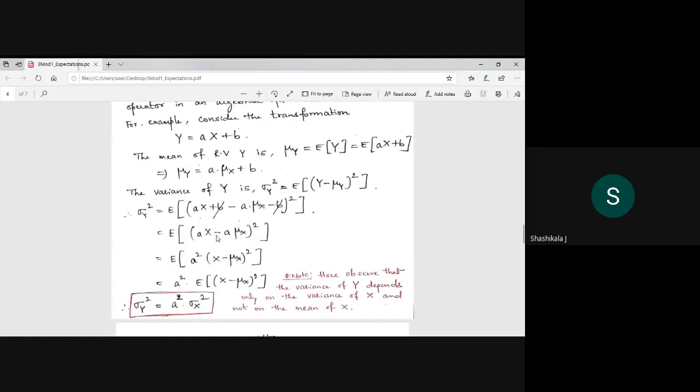Now, for example, consider the transformation, they have given the example y is equal to ax plus b. For the mean, E of y is nothing but E of ax plus b, which is given by a into mu x plus b. Variance is y minus mu y whole square.